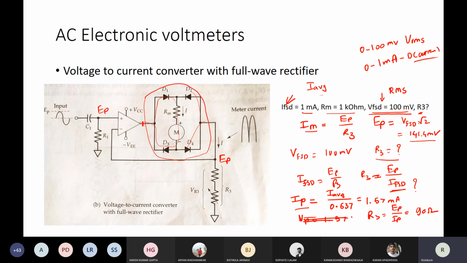So we have converted this AC voltage measurement into a DC current measurement, voltage to current, by using op-amp based full wave rectification. The calculation is exactly the same as the previous one, just that the diode effects are not taken into consideration. So this is more practical in comparison to the previous circuit which we discussed.